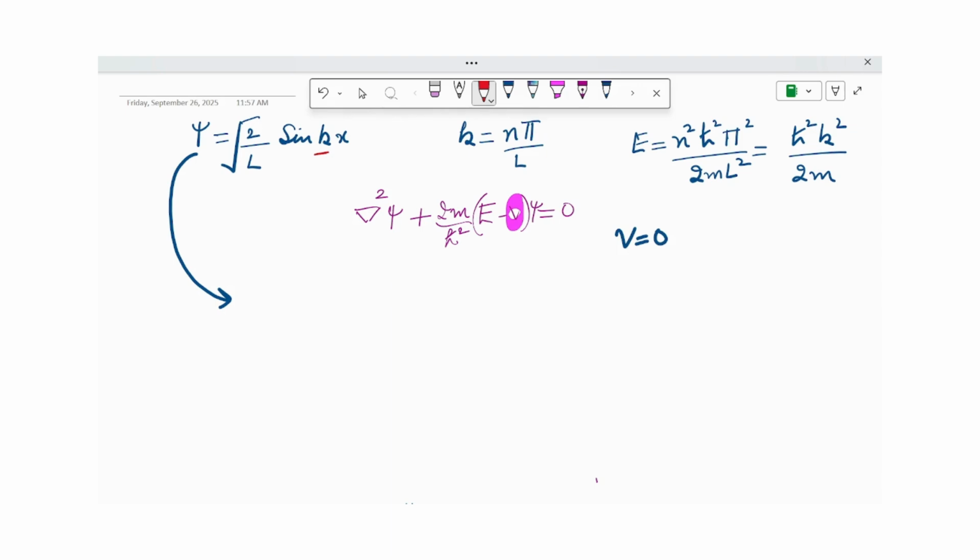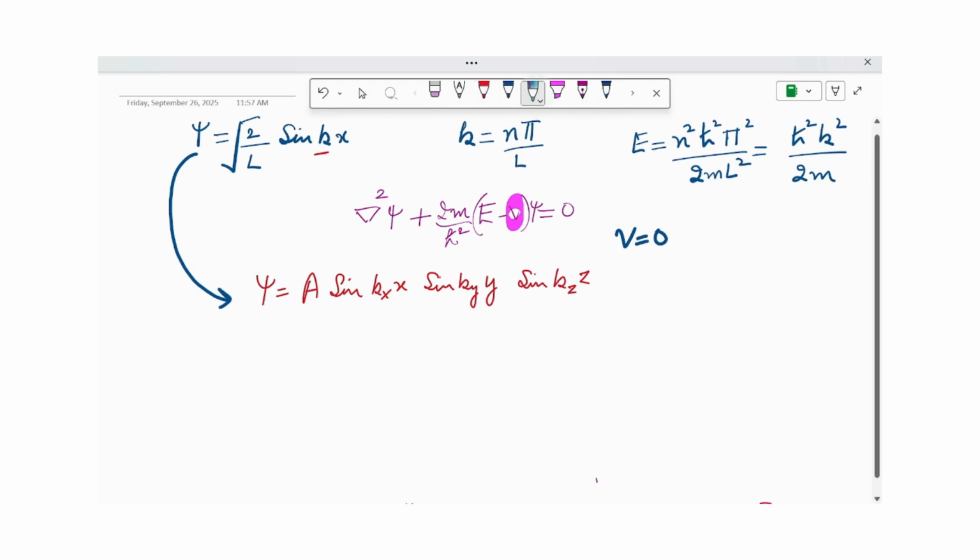So we will consider psi to be a constant A, sine of kx x, sine of ky y, sine of kz z, where kx, ky, and kz will be given just like here.